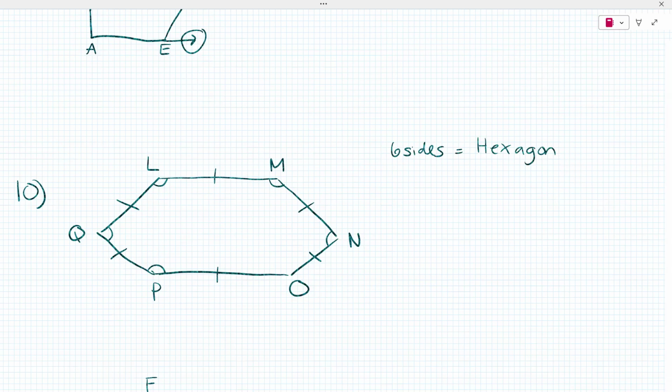So what about this hexagon? You see how all the angles have one tick mark and all the sides have one tick mark. That means they're all the same. So that means all sides and angles are the same.